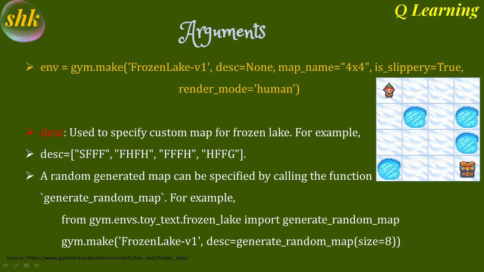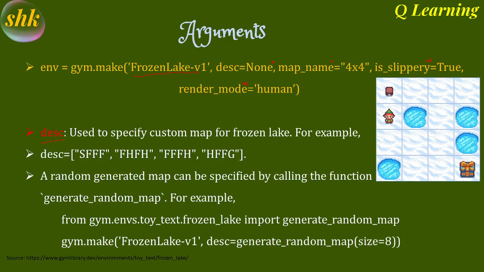The next one is map_name. Next one is is_slippery. The last we can pass is render_mode. Out of all these options, the first, the environment, is compulsory. The remaining ones are optional. We can omit these arguments also.